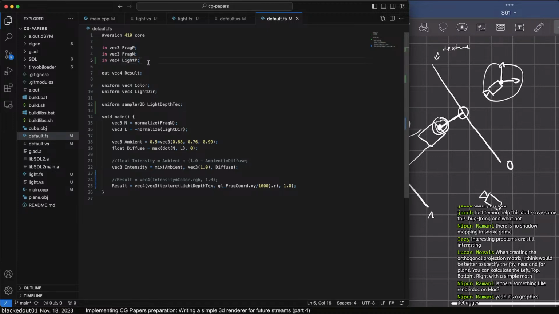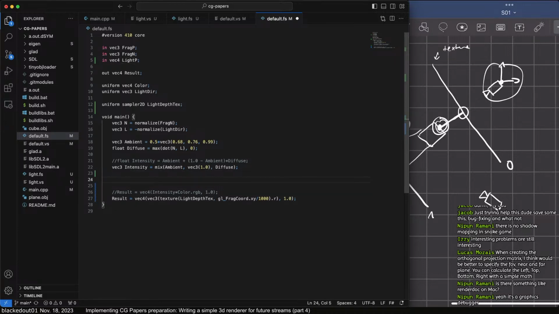So what we now need to do is compare the depth in here with the depth in the texture. This is a vector 4, and I don't think it actually matters here, but ideally we would need to divide this by the W coordinate, because if we had some kind of perspective projection, we had to de-homogenize this point.